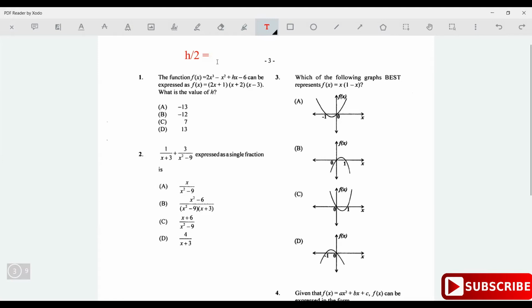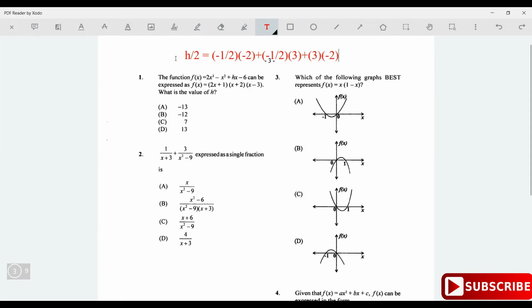So c over a is minus a half times minus 2 plus minus a half times 3 plus 3 times minus 2.